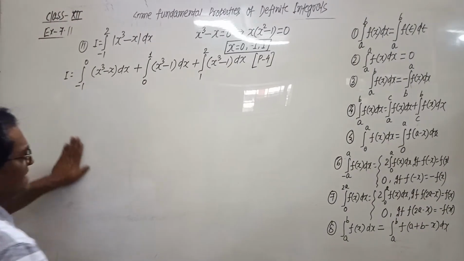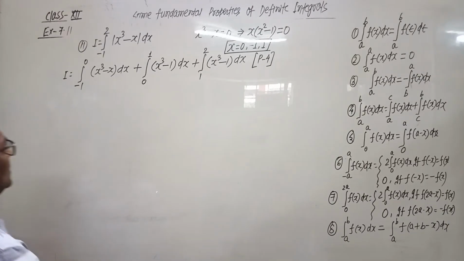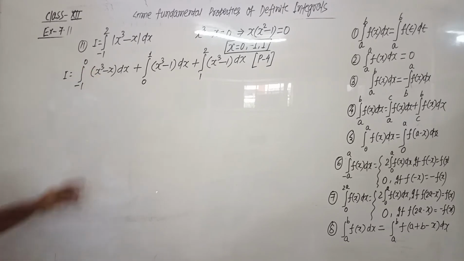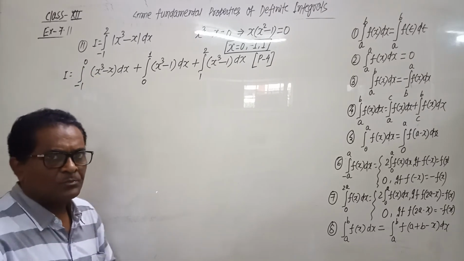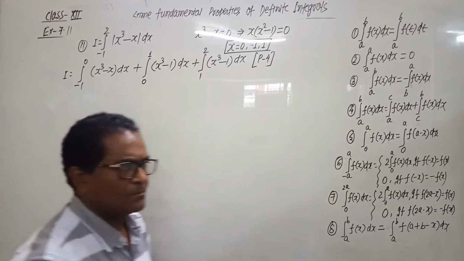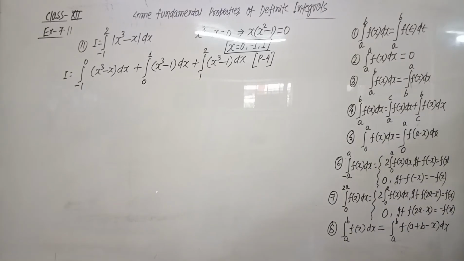Then we have to decide the sign of these three expressions. For the limit from -1 to 0, put any value lying between -1 and 0.